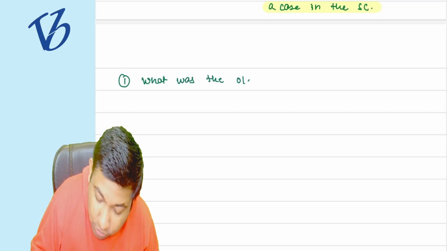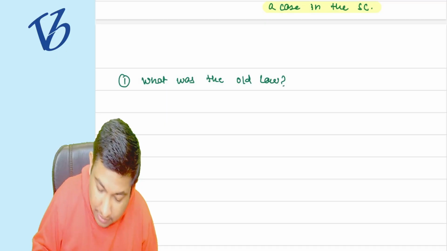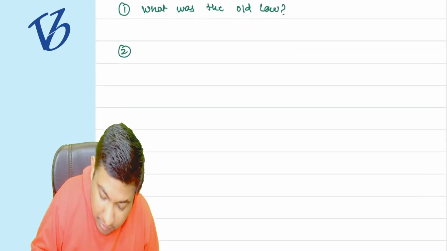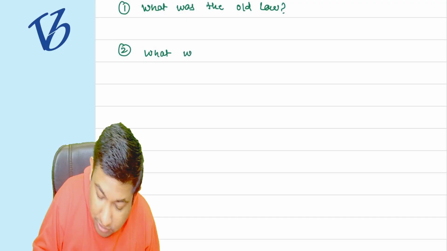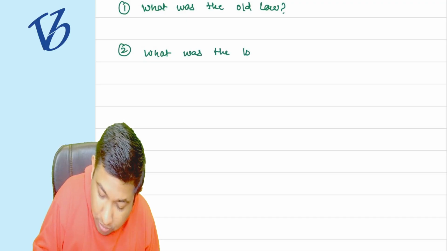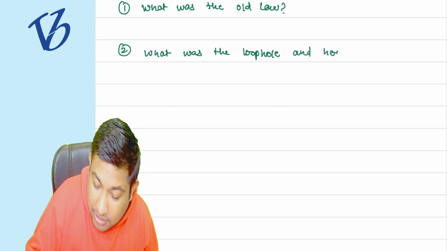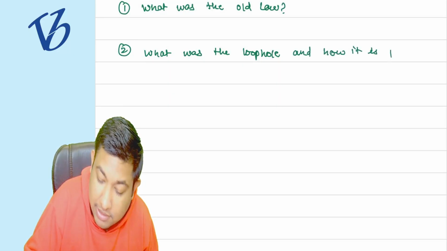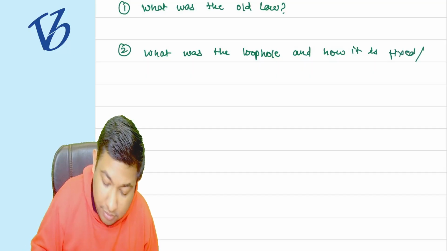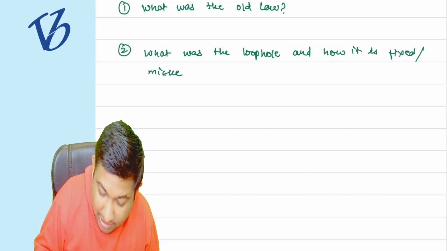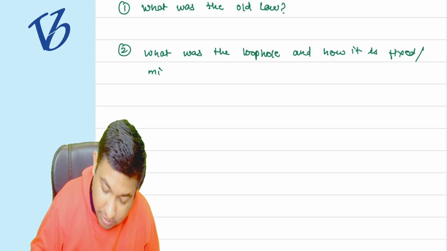what the old law was, what the loophole was, and how it was fixed or misused.